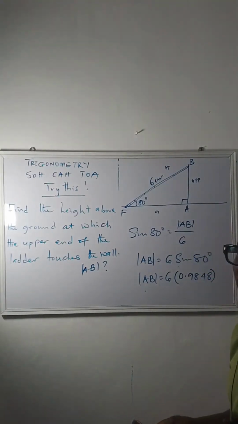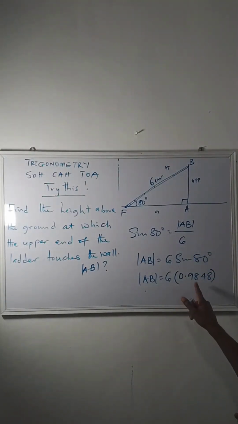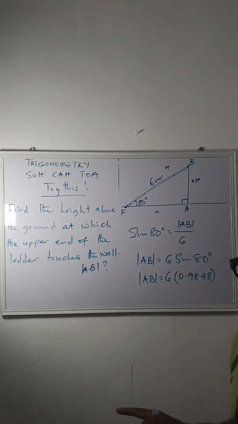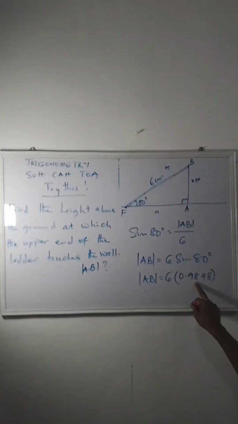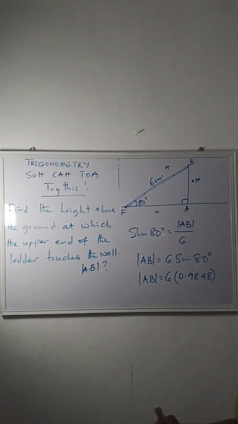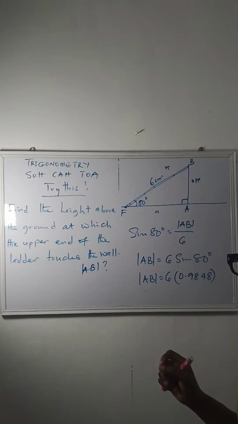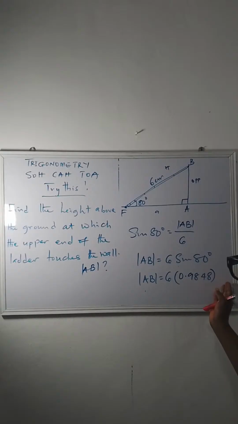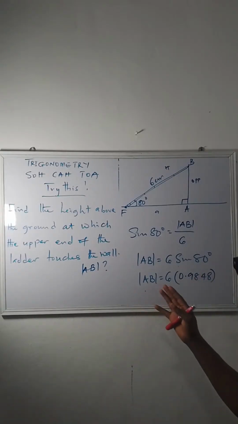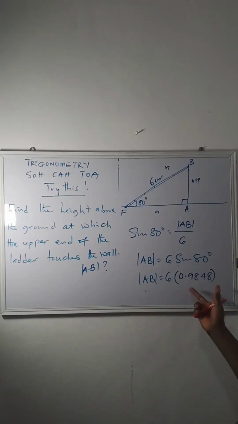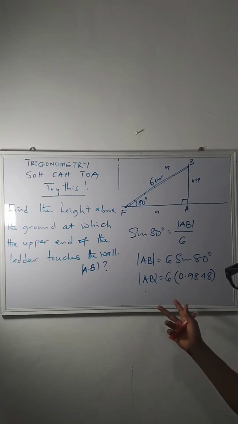Don't correct your answer to 2dp. I can see someone with 2dp. Once you approximate very early, that is premature approximation, and you'll get far away from the actual answer. It's not advisable to approximate at the early stage. You can approximate your final answer, but 4SF is still reasonable.